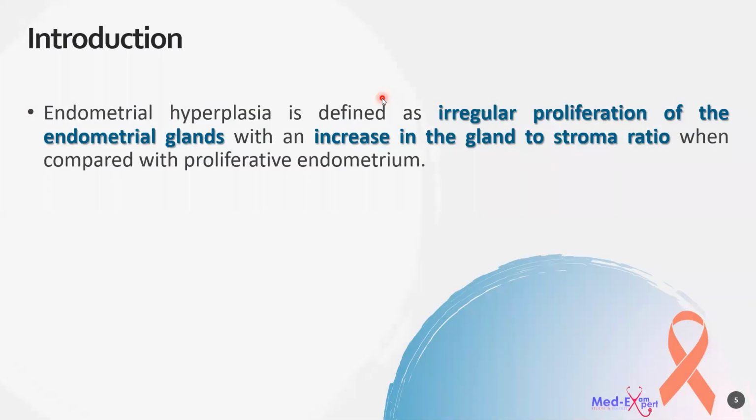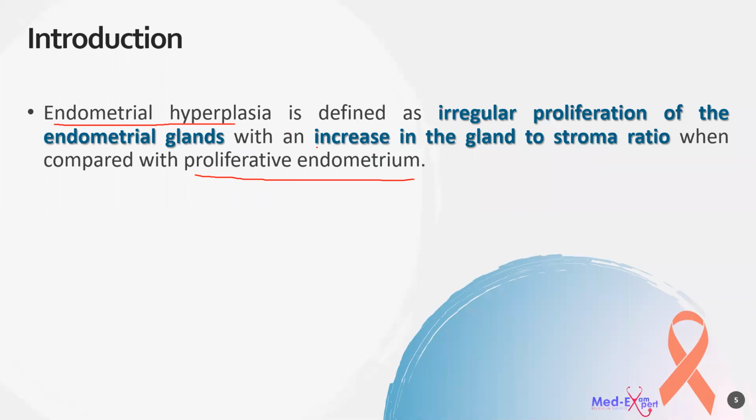Endometrial hyperplasia is defined as irregular proliferation of the endometrial glands with an increase in the gland to stroma ratio when compared with the proliferative endometrium. So this is the cornerstone point, how to differentiate endometrial hyperplasia from the normal proliferative endometrium, which is found in the proliferative phase of the menstrual cycle.